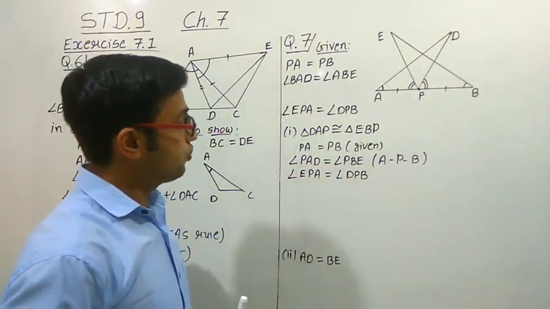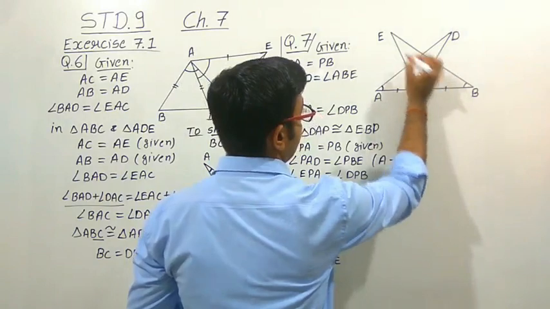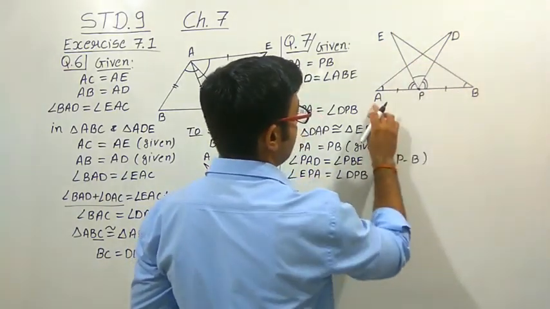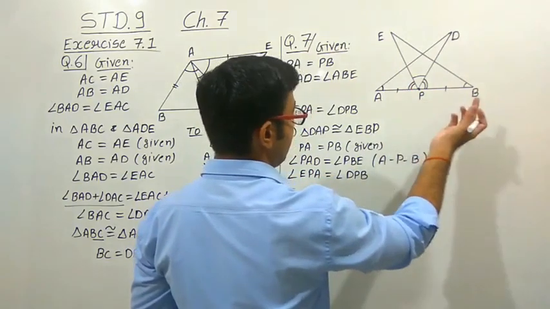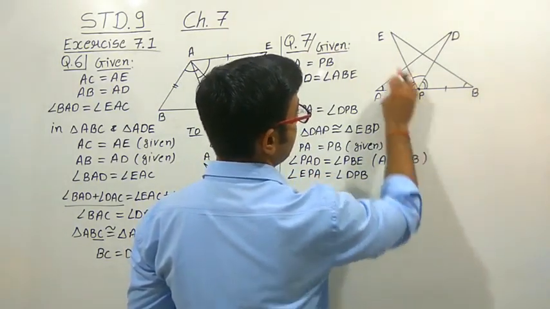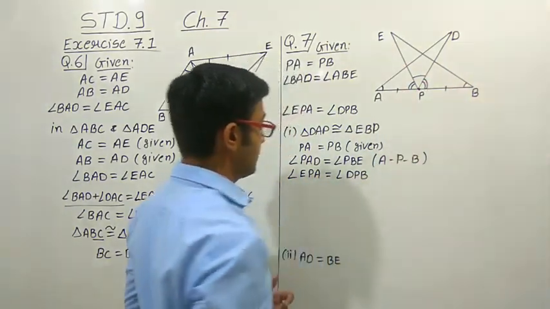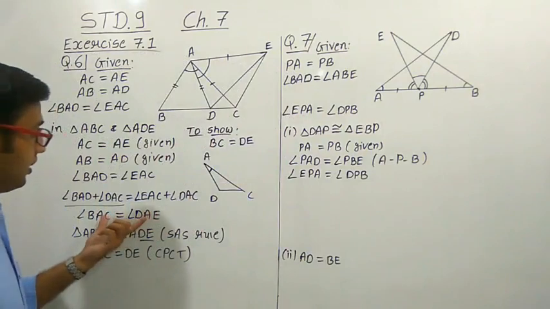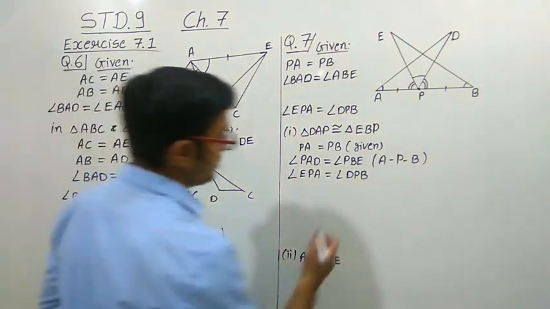So if we add this angle EPD, then this total angle will become APD. In the same way, here also if we want to find angle BPE, then this much of the angle we have to add to this. So the same thing that we have done here, we have to do here, right?